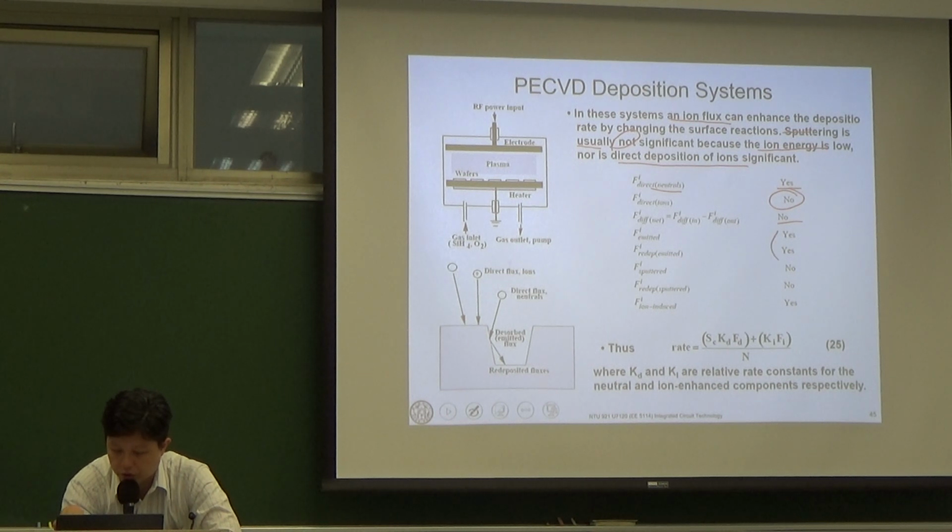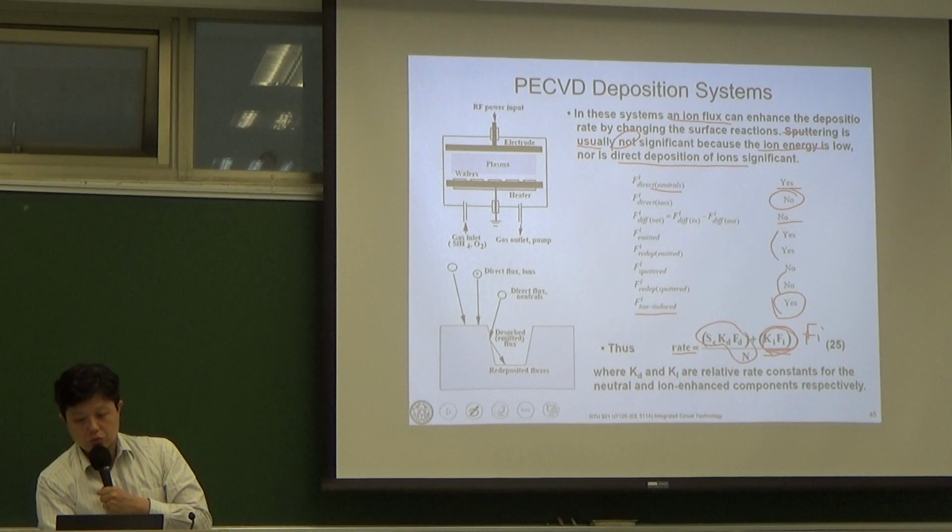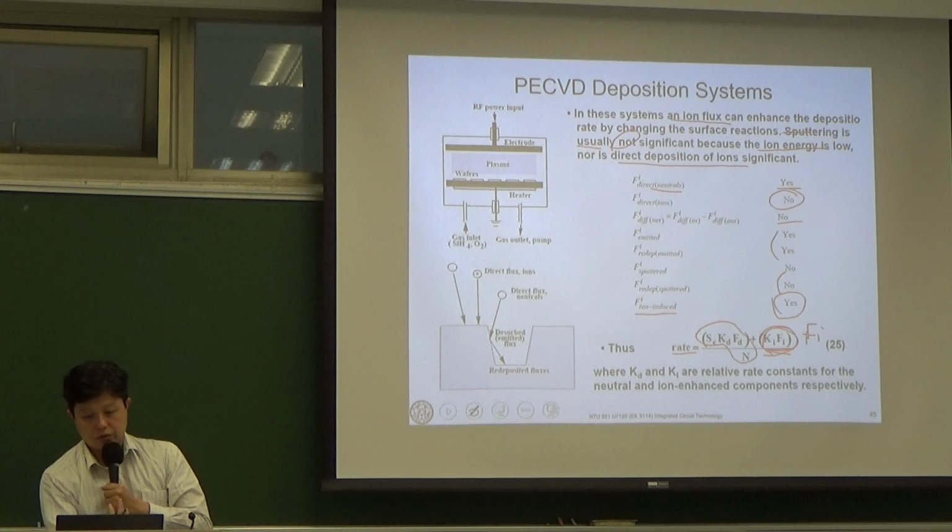We have emit and redeposition, no sputtering, but we have ion-induced terms. The rate previously is the same as our LPCVD, but for PECVD, we just need to add this F_i term here. This correlates to the ion-induced term. So you can see that the rate can be enhanced by adding this term. So for PECVD, at a certain temperature, we can increase the deposition rate, or we can maintain the same deposition rate at lower temperatures.